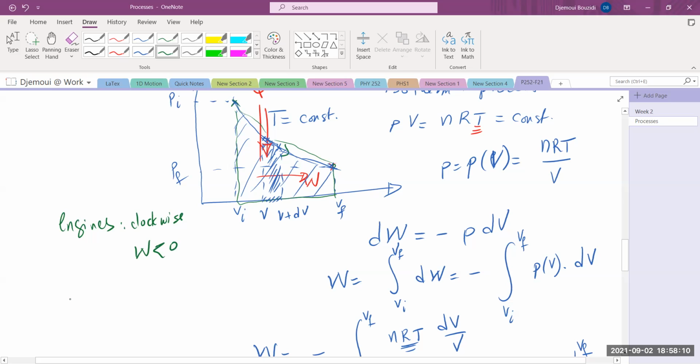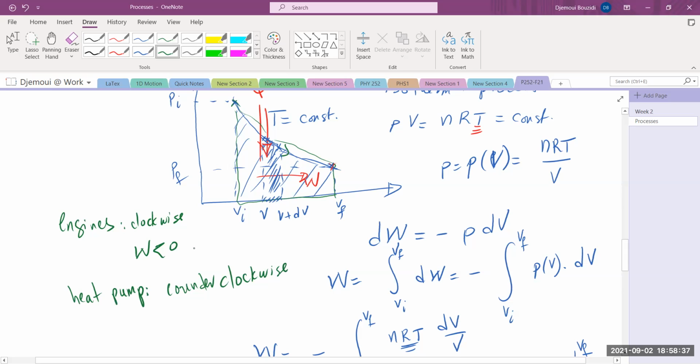Whereas if you go counterclockwise, it's a system that is having work done against it. It's actually extracting heat from somewhere else. So it's a heat pump. A heat pump will go counterclockwise. It's the opposite, basically, where the area will be positive.